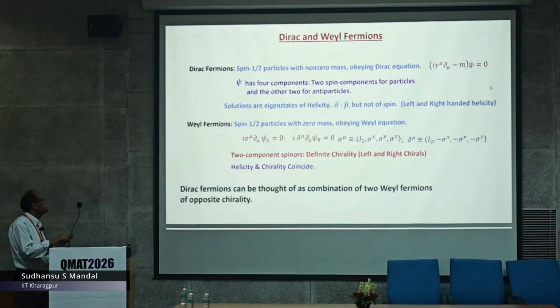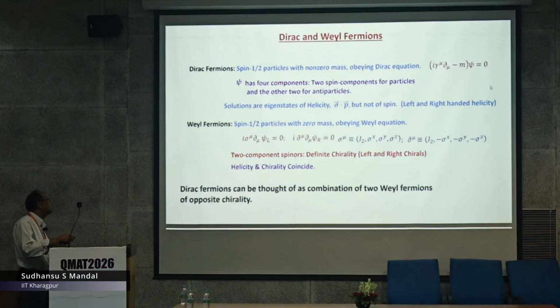But when this becomes massless, so spin half particles with 0 mass, they obey the Weyl equations. Now left-handed and right-handed chirality give 2 equations satisfied by 2 types of fermions.